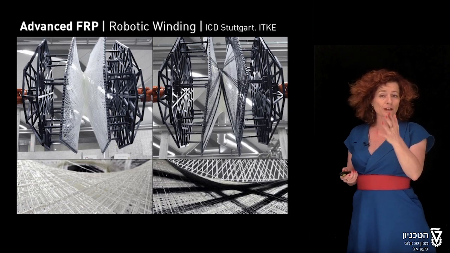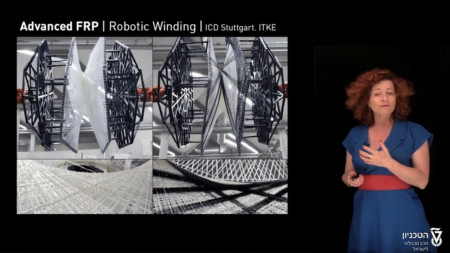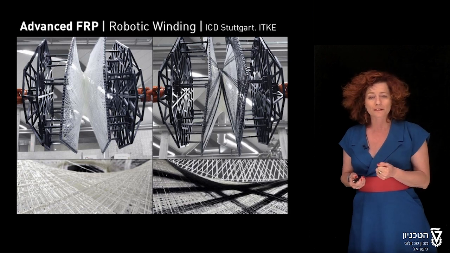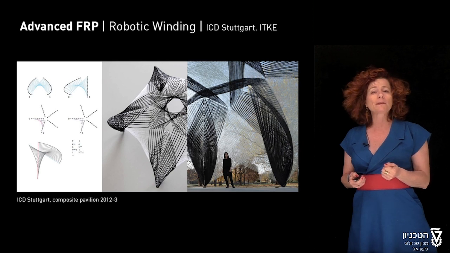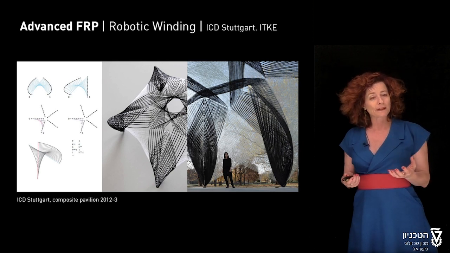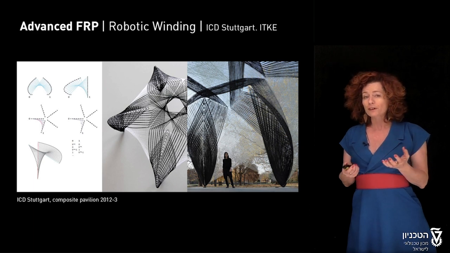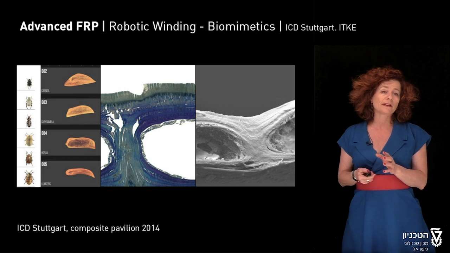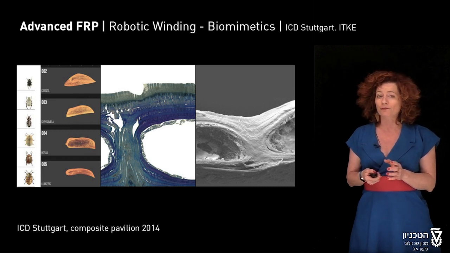So with the same jig here, you would create very different elements just by a different winding pattern between the two parts. This not only means that shaping processes are affected, but also the structure, its visibility, its aesthetics, and of course, efficient material usage. Oftentimes, the models that they take are from the living world, from biology.